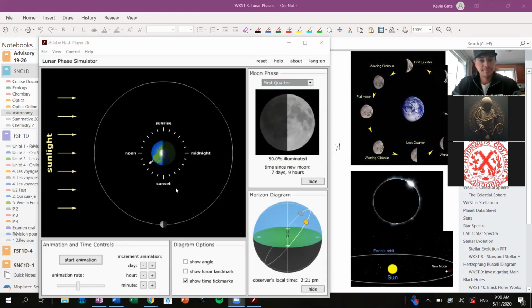All right, so now we know why the moon can appear differently throughout the day and the evening. But what happens with these phases, and why are these phases occurring? Well, if we look at it, the moon is orbiting our planet. We know that much. But how long does that take?